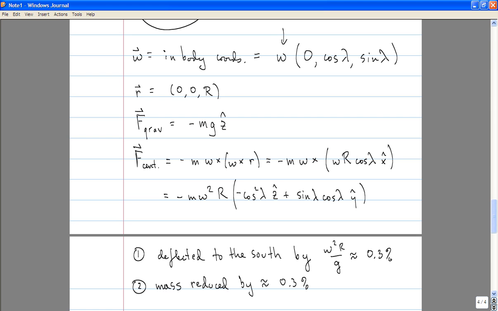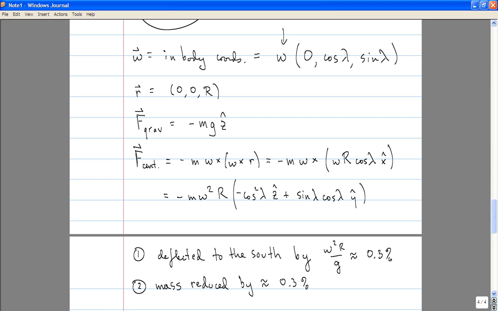The reduction will be largest at lambda equals 0, the equator, and it will vanish at the North or South Pole, where lambda is plus or minus pi over 2. Whereas this first effect, the deflection to the south or north, will vanish both at the equator and at the poles, because at those points cosine lambda times sine lambda is equal to 0.